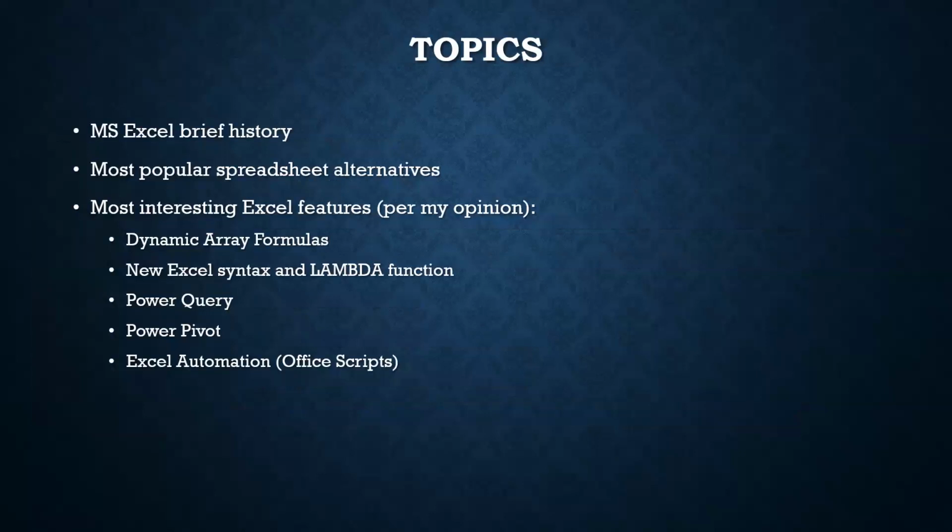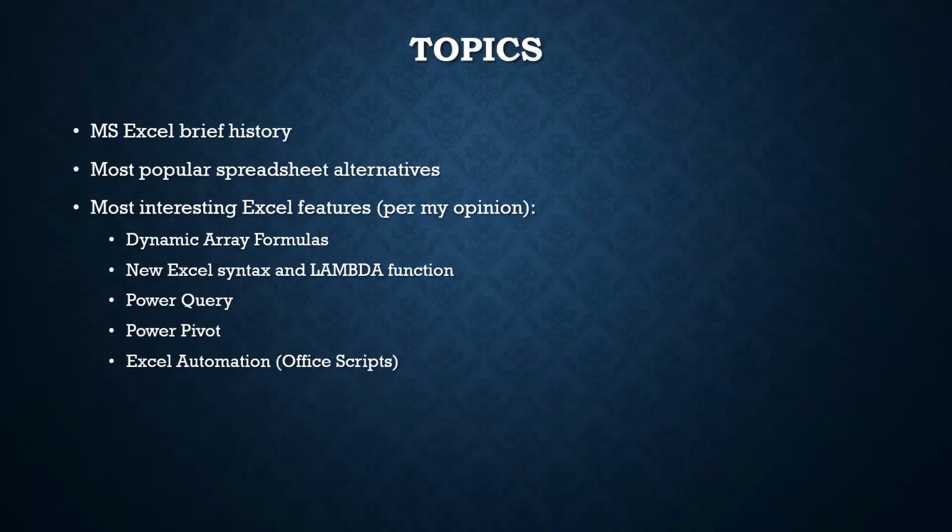So as I said, today's presentation will be about Excel. We will cover such topics as a brief history of Excel. We will look at some alternative spreadsheet solutions. We will look at the most interesting Excel features, at least in my opinion, but I think industry experts in Excel would agree that in recent development, they're probably the most interesting.